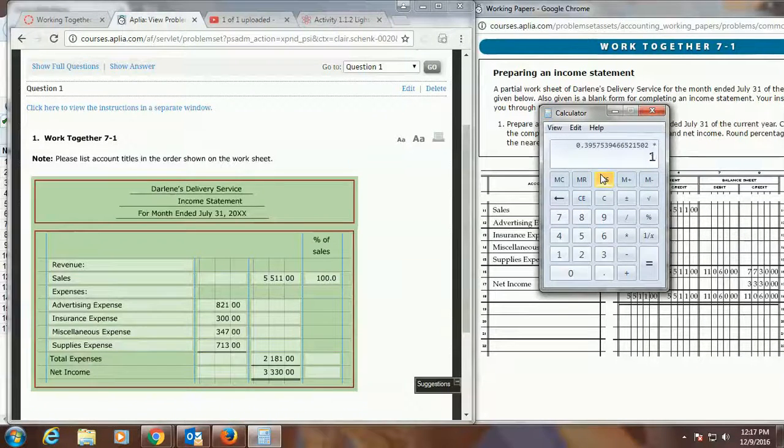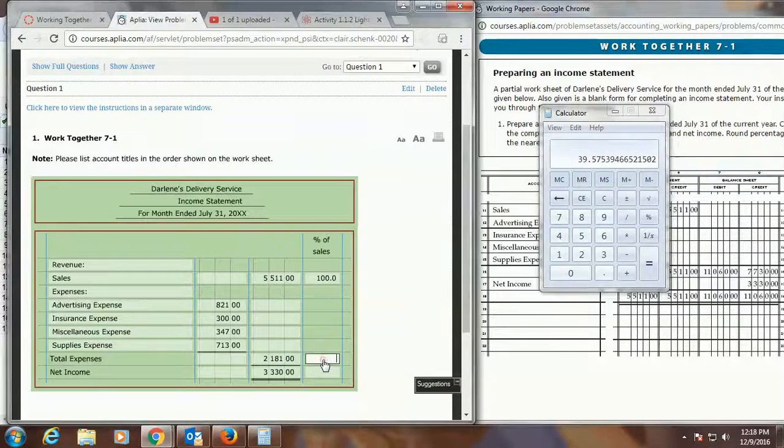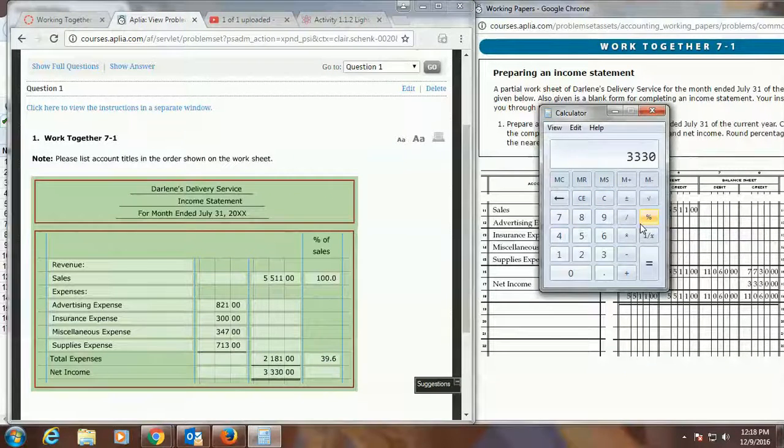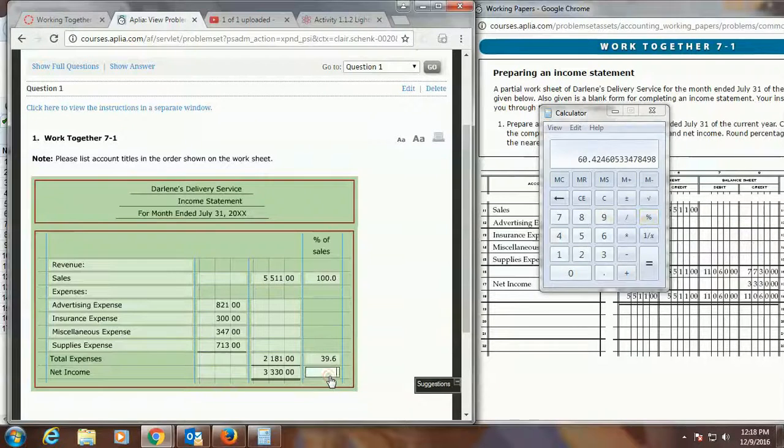If I multiplied that by 100, that'd really be 39.6, right? If I round it up for total expenses. And then I'm going to do the same thing for net income. I'm going to take the 3,330, divide it by 5,511, and if I multiplied it by 100, that gives me a number of 60.4, so that's to the 0.1%.